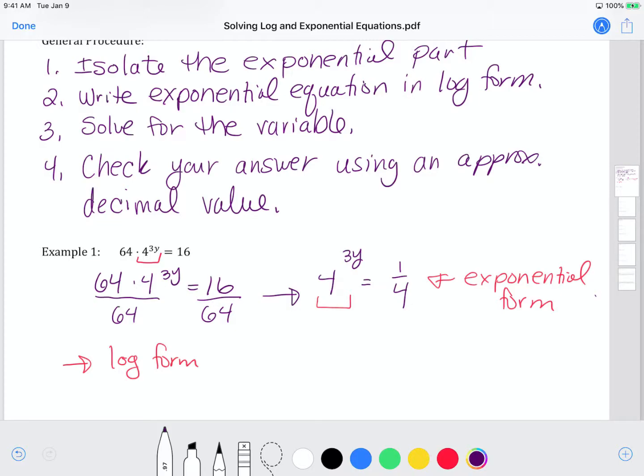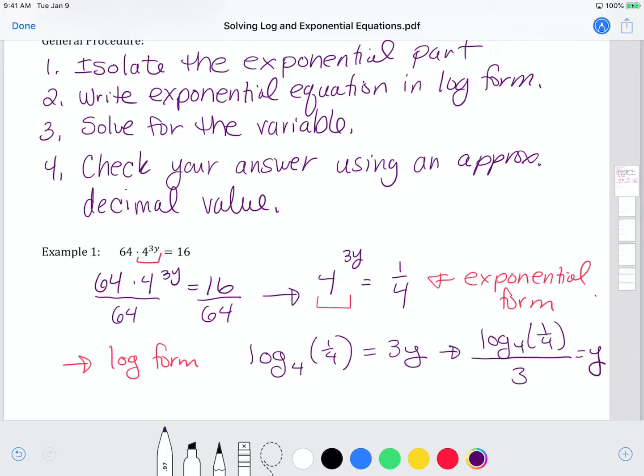My base is 4, so I'm going to have log base 4 of 1/4, and my log is the exponent, so I set that equal to 3y. Then I finish solving for the y by dividing both sides by 3. So my final answer is going to be log base 4 of 1/4 divided by 3. That's going to be my y value.